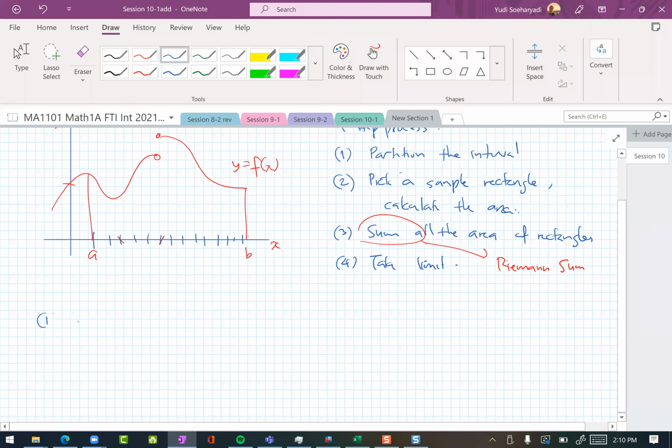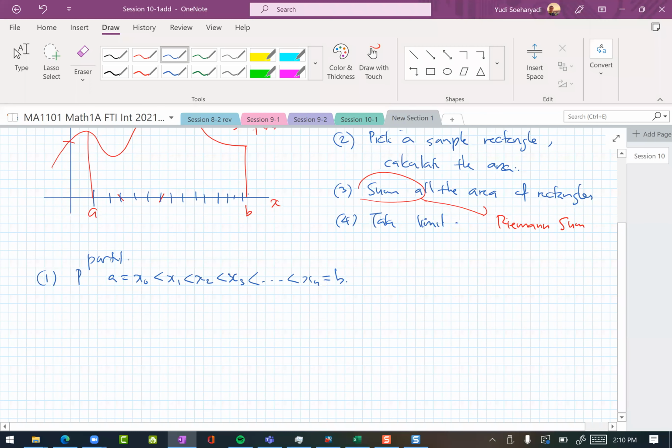So step one, partitions is x0, x1, x2, x3, and the last one is the right end of the interval. Okay, so that's our partition.